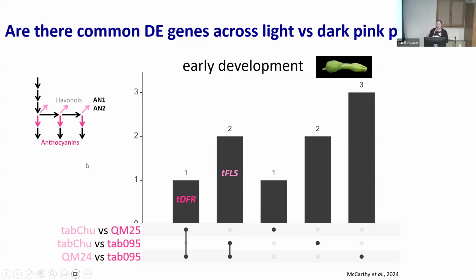It was upregulated in the dark pink phenotype, whereas FLS, which is towards making flavanols, is upregulated in our light pink things. And then we had a handful of other genes that were singletons, but again, they seem to be concentrated in the genes that are producing anthocyanins, and they're upregulated in our dark pink things, or flavanols are at the beginning of our pathway for our light pink phenotypes.